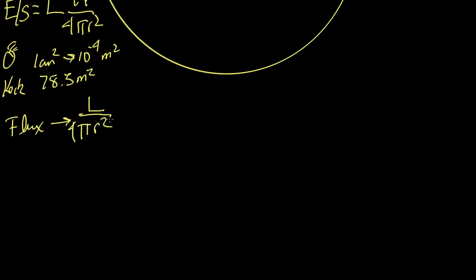And you will note that both the energy and the flux are both proportional to 1 over r squared. So we expect the energy detected on a detector, like a camera, will be proportional to 1 over r squared.